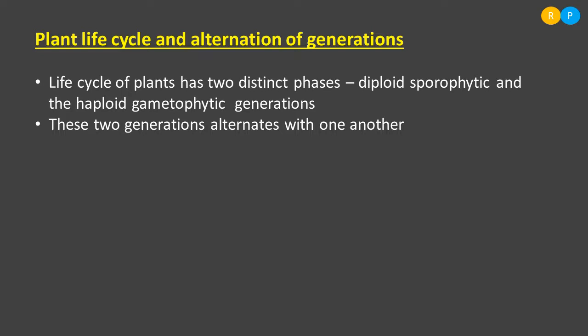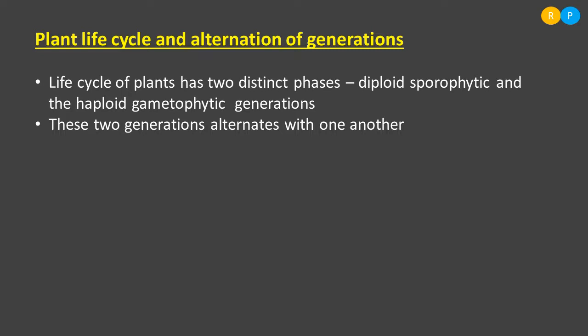But if you take the plant kingdom, we have seen different divisions. That means algae, bryophytes, pteridophytes, gymnosperms and angiosperms. Five different divisions we have seen. All the five divisions of plants do not show the same length of diploid sporophytic and haploid gametophytic generation.